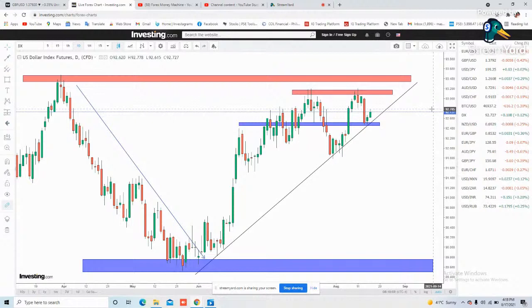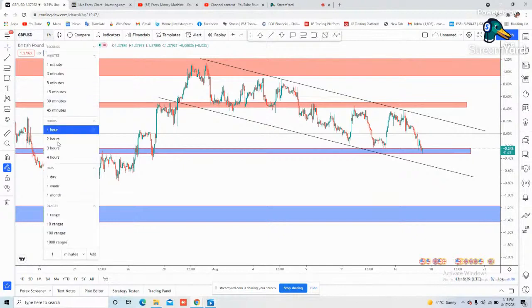Euro will be bearish, GBP will be down, AUD will be red, even the Bitcoin, all the pairs, all the currency against the USD will be red for this day of trading. So let's check for the major pairs.